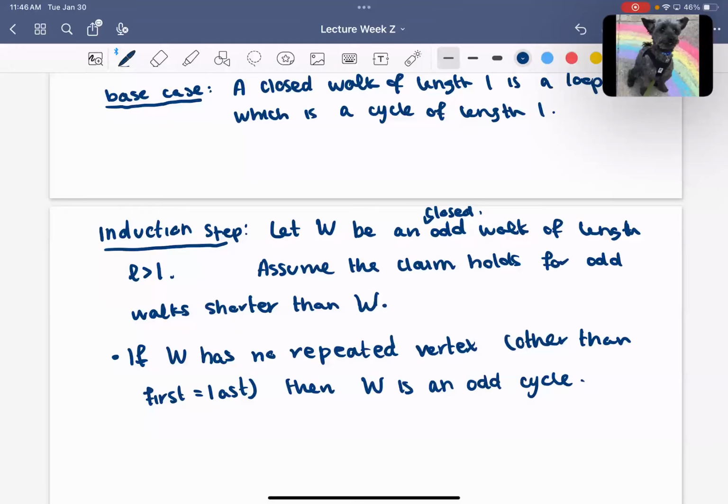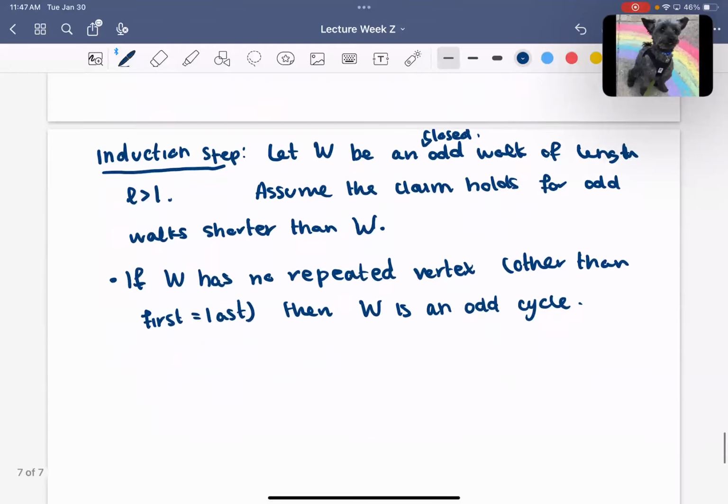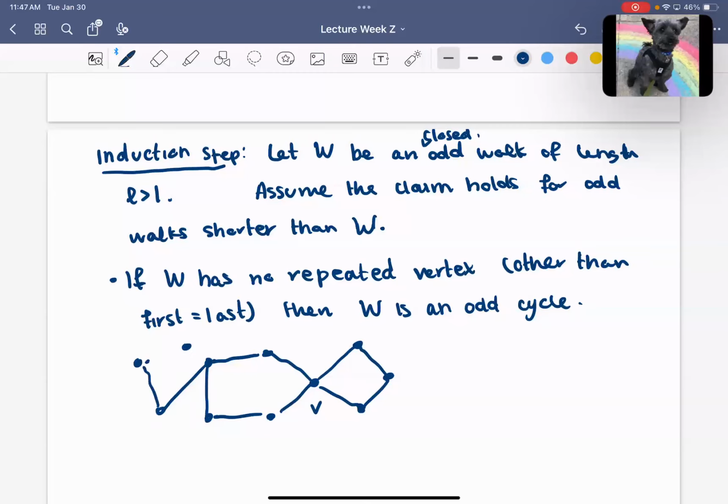So then, if a vertex is repeated, then let's do the following. So let's say this vertex V is repeated. We've got some stuff going on over here, and maybe we have an additional detour over here.